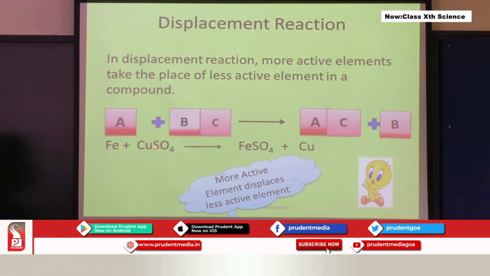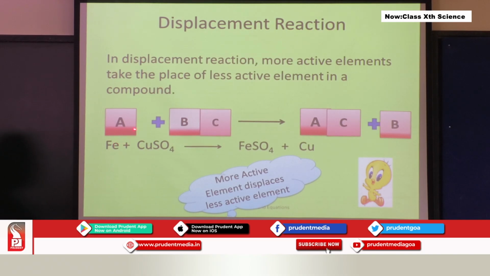Let us see an example. Instead of A, we have the element iron. Instead of BC, we have CuSO4. According to the displacement reaction, if it is to take place, iron should be more reactive than copper, and iron is more reactive than copper.